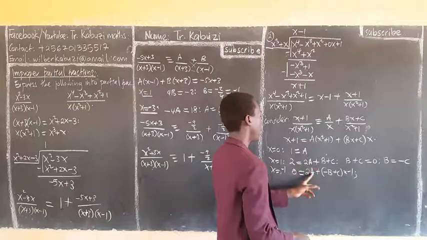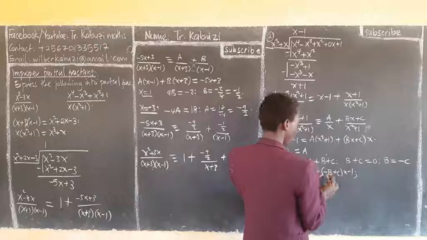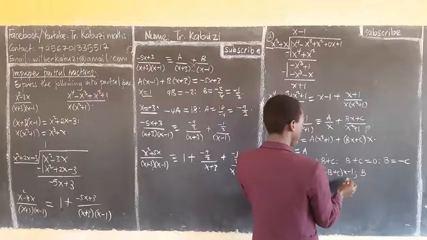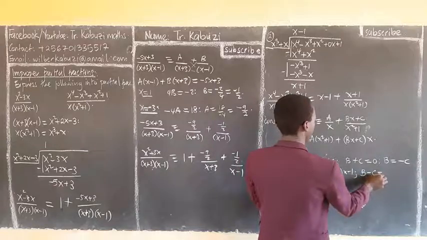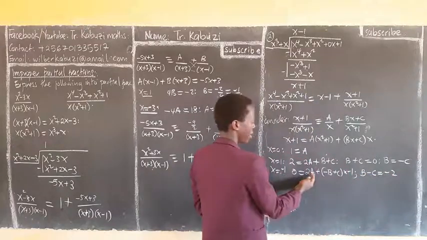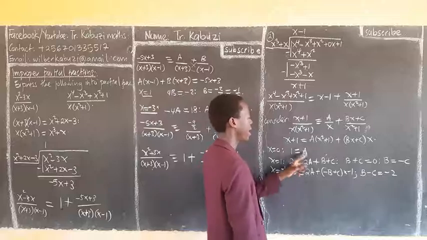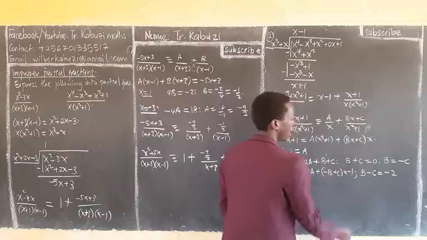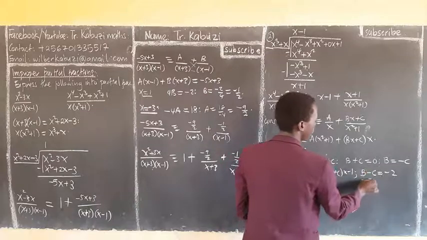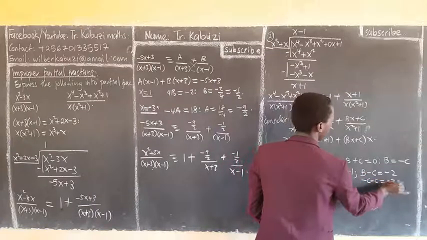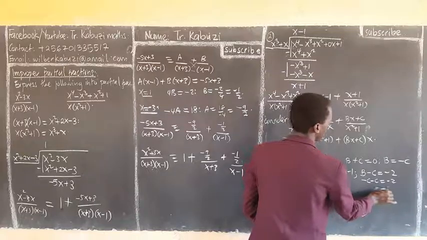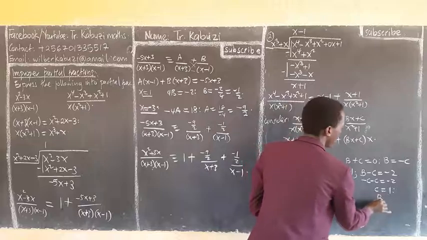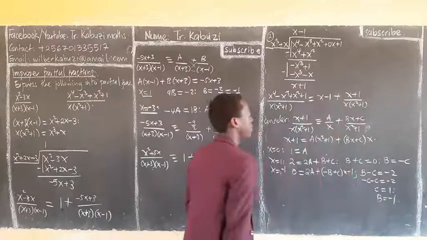I mean, A, when I take this side, I have a negative and negative, I have B, then this negative and this positive, I have minus C equal to negative 2 when I take this side, because my A is 1. But because my B is equal to negative C, from here, I have now negative C minus C equal to negative 2. That from here, my C is going to be 1. And if C is 1, then your B is negative 1.